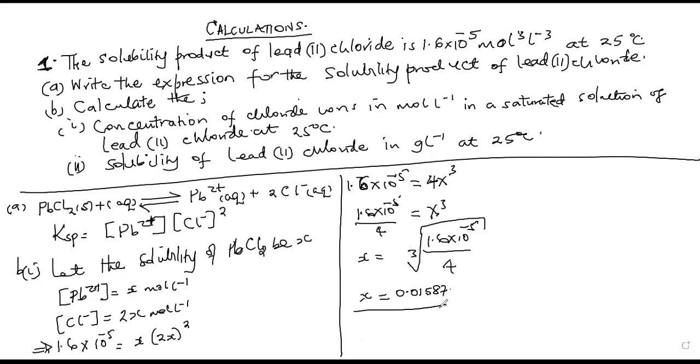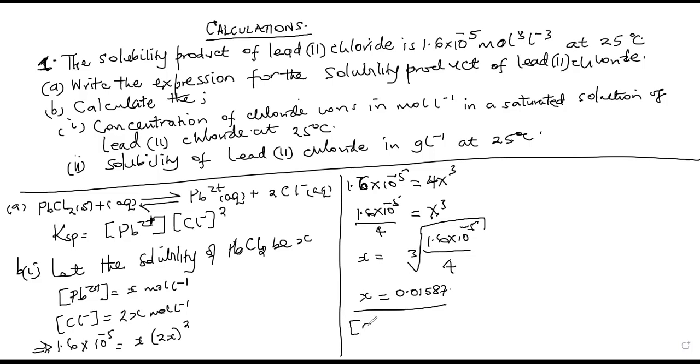The logic is simple. The solubility of the compound, you can always relate it to be x, and then you look at the equation. Then you substitute into the expression of the Ksp. We're going to do more examples, maybe it will be very clear. But they need the concentration of the chloride ions. From here, we say that it is twice x.